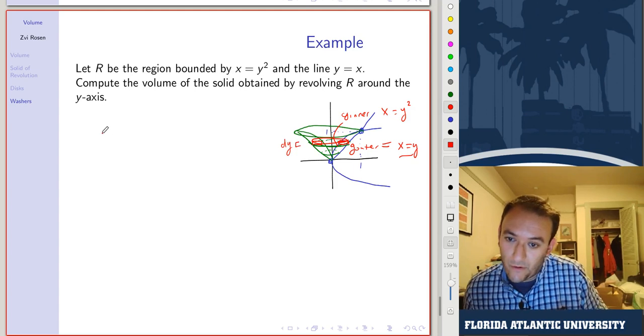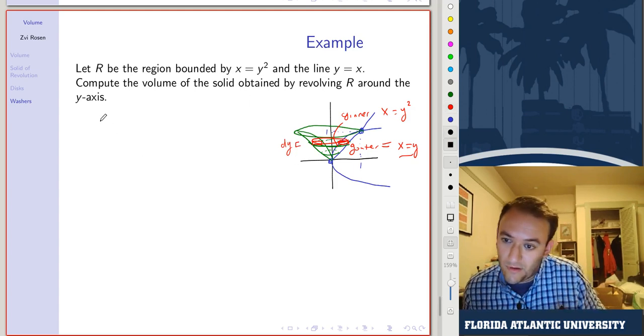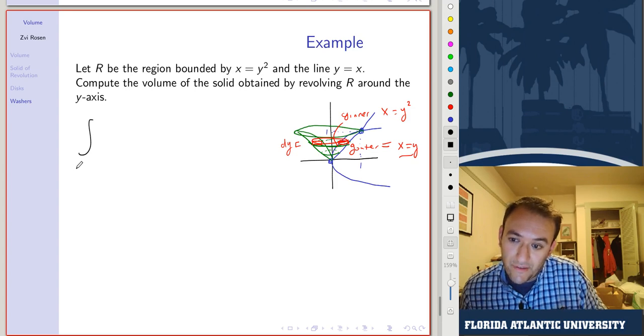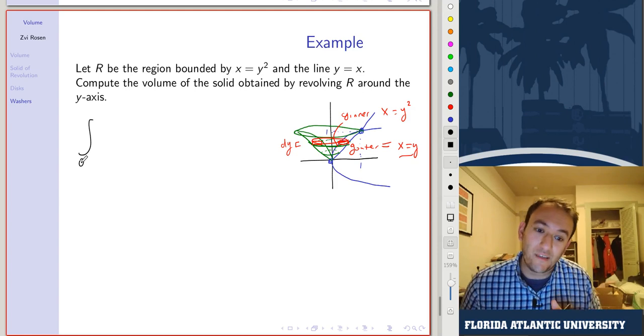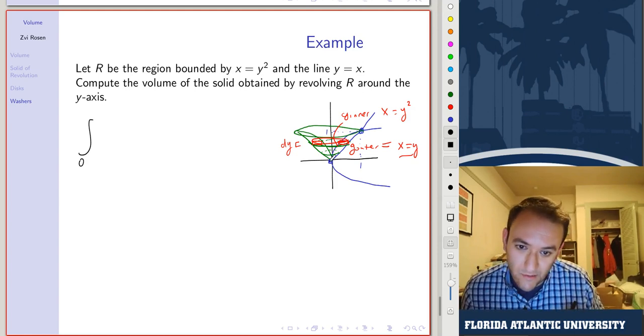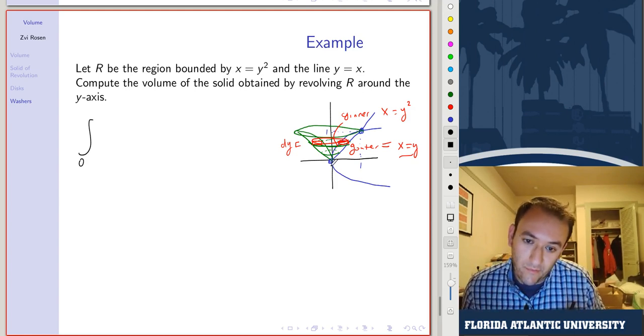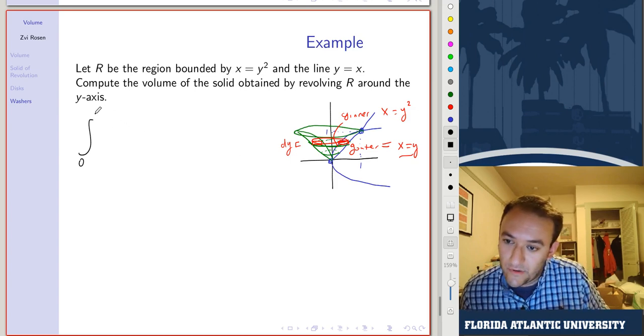Okay, so now writing this all up, we're looking for y min, because we're integrating over y, since we're moving from a small y to a large y. So we have y min equals 0, and y max equals 1.